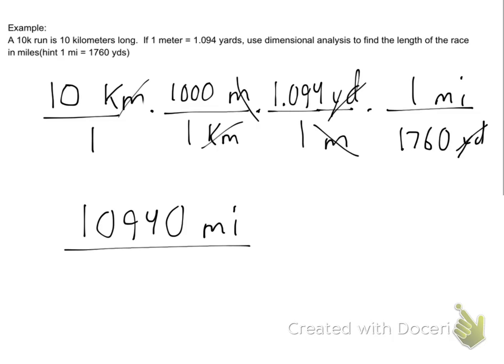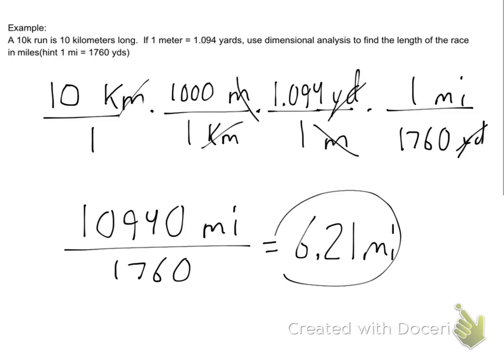All of that is over 1 times 1 times 1 times 1,760. Over 1,760. Take your trusty calculator out if you need to. 10K, anybody who runs should know this. A 10K is 6.21 miles.